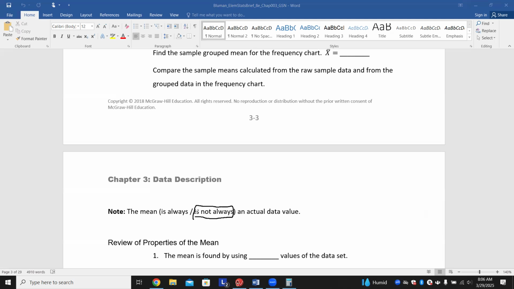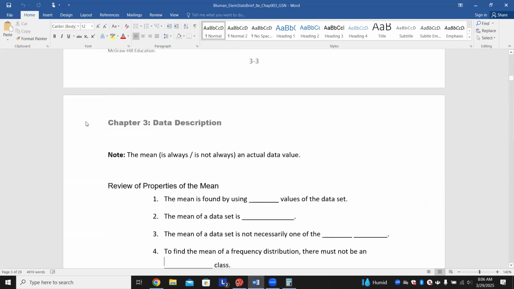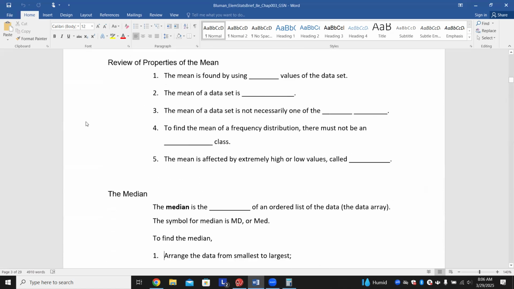So let's review what we've learned so far about mean, and then we'll get into the next central tendency. So all the different properties of mean. So far, we found out that the mean is found by using all values of the data set. The mean of a data set is used to compute other statistics, such as the standard deviation.